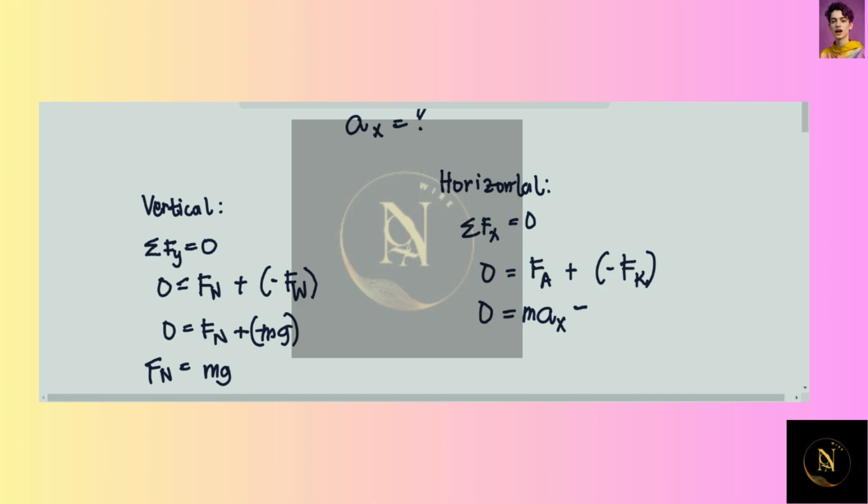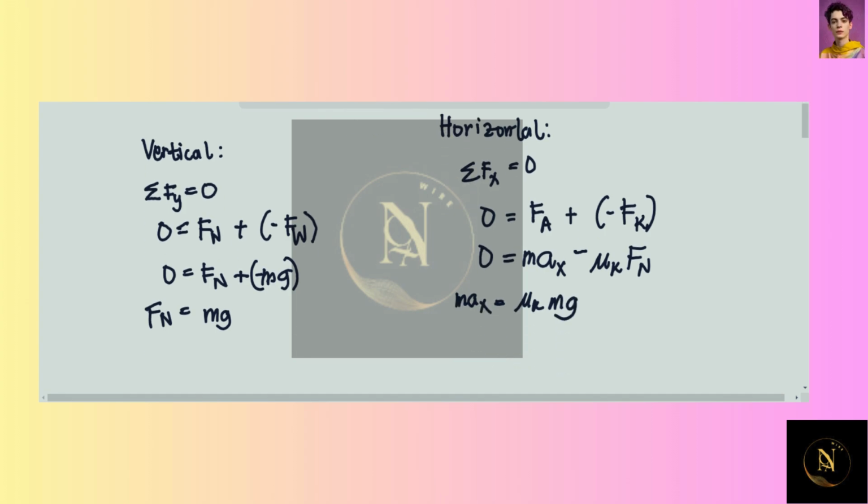And the formula for friction, it is just the product of the coefficient and the normal force. We already know from the vertical components that normal force is just equals to mg. So the equation becomes, simplifying, then acceleration is just equals to the product of the coefficient of friction and the acceleration due to gravity.